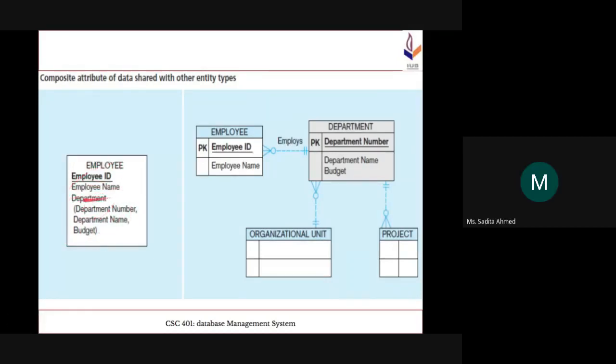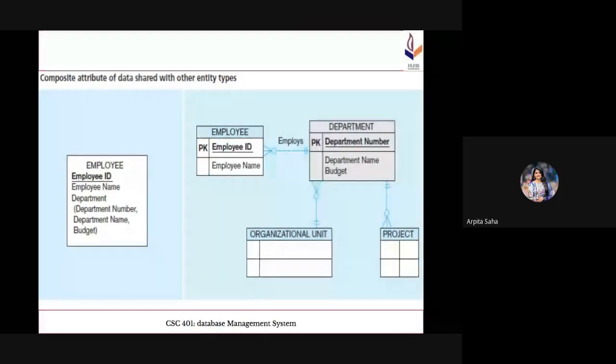Employee mode, department, the attribute department, whatever attribute is it? Is it a regular attribute? It's a primary key? What is it? Department. I'm not sure, Arpita, if you're saying anything, but surely I can't hear anything from your end.